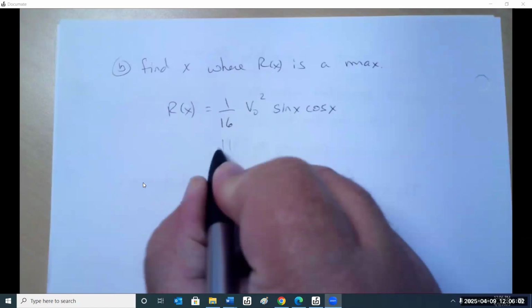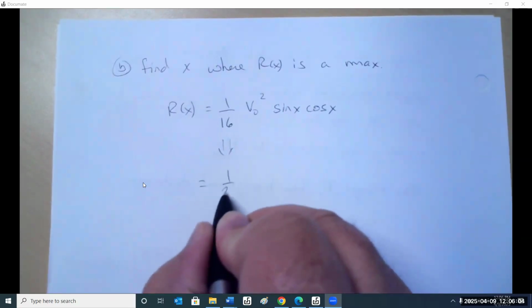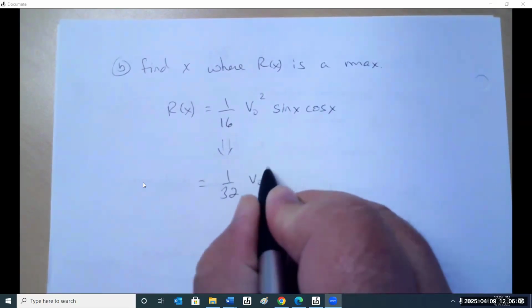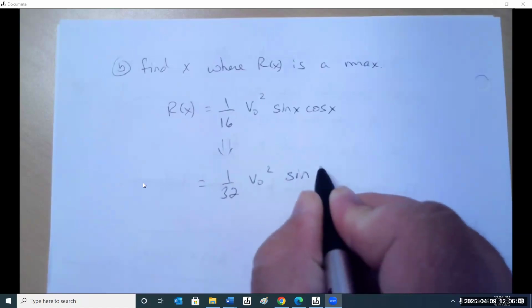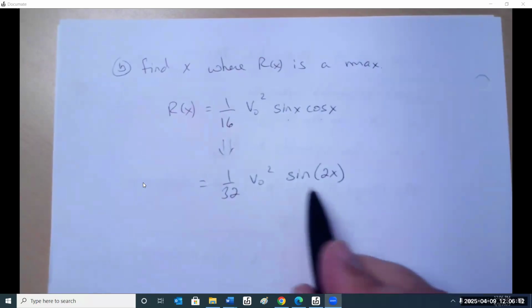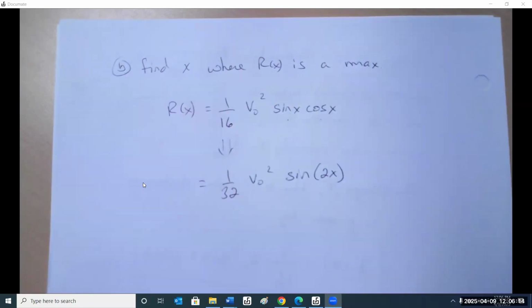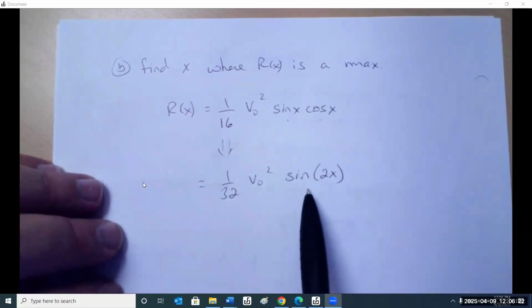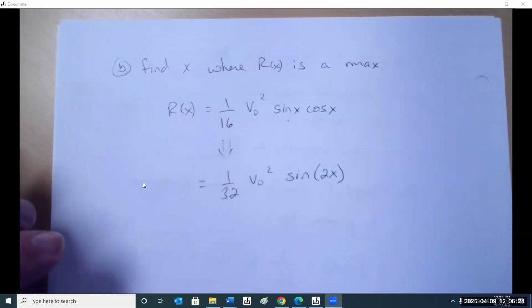Well, as we just looked at, we can convert this to 1/32 v0 squared. So instead of working with sine and cosine, we use the double angle. Sine deals with which axis? The y-axis.